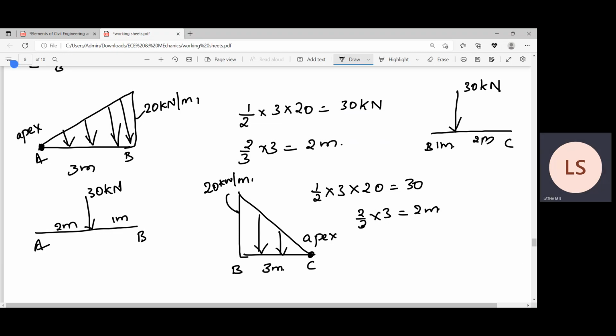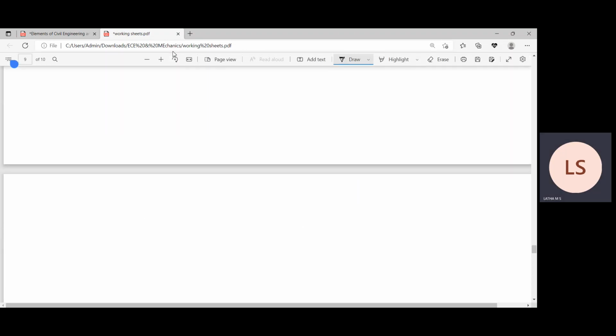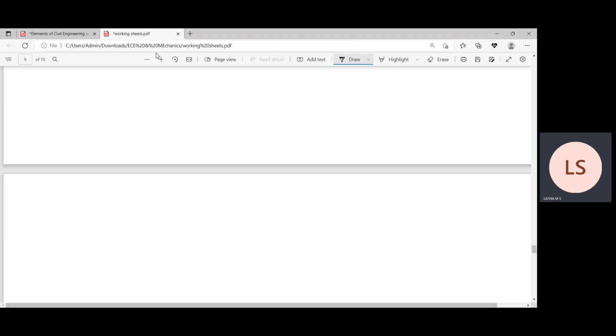And the other one is a trapezoidal load, 30 and 10 kilonewton per meter, for a span of 5 meters.